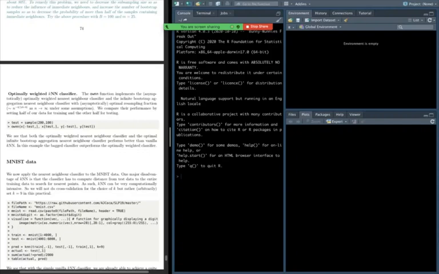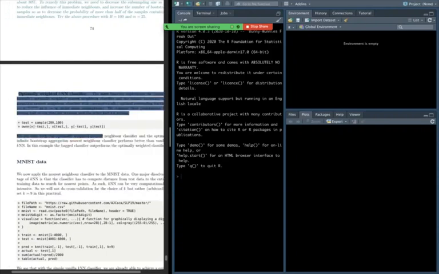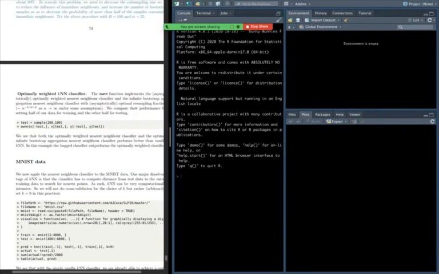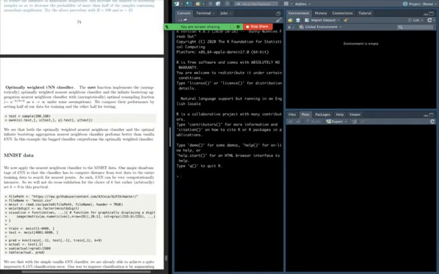Okay, and this is why I changed the wording a bit, because I didn't like it. It was a bit misleading, the wording in this paragraph, because it was suggesting that the answer to the question I got yesterday was yes, but it's not. We see here an example in which the bagged classifier outperforms the optimal weighted nearest neighbor classifier.